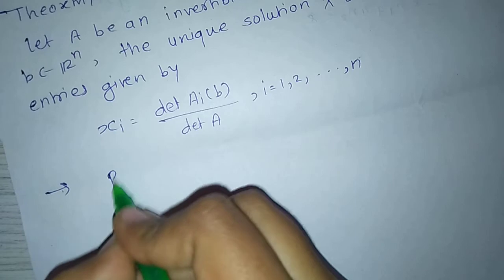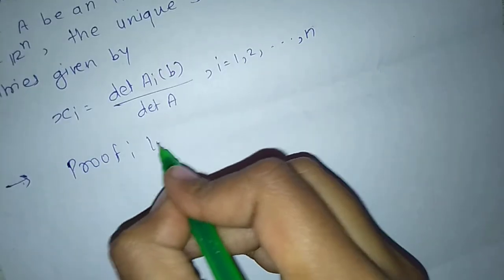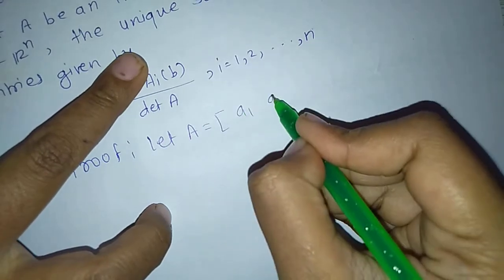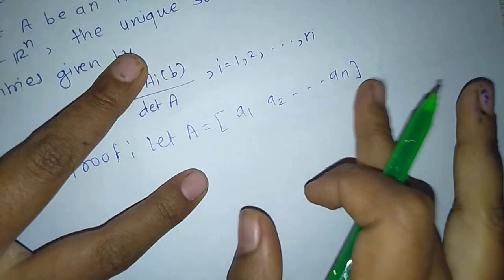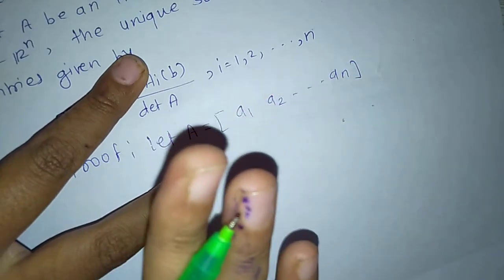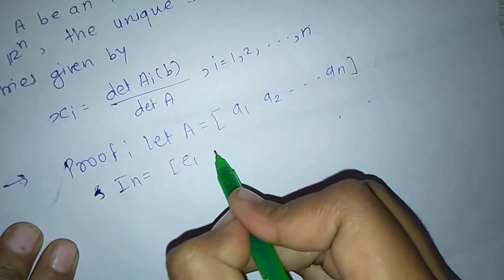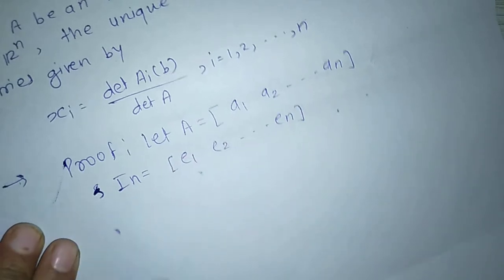Proof of Cramer's rule. Let A equal to [a1, a2, and so on, an], where a1, a2, and so on, an are nothing but the columns of matrix A, and I_n equal to [e1, e2, and so on, en] are nothing but the columns of identity matrix.